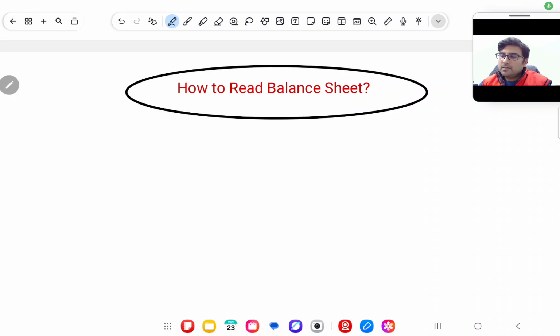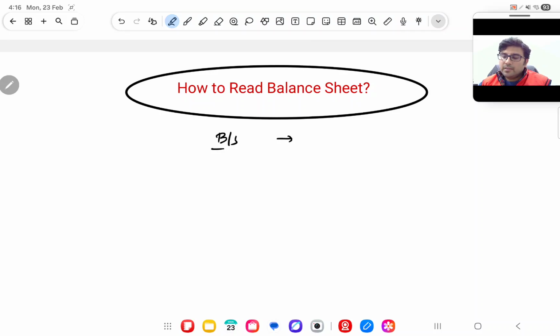So let us start the class and we'll try to solve this question first, how to read a balance sheet. But before we proceed to this question and before we answer this question, we should know what is balance sheet and what are its components. See, balance sheet is a broader term which is used almost with or parallel with the financial statements.